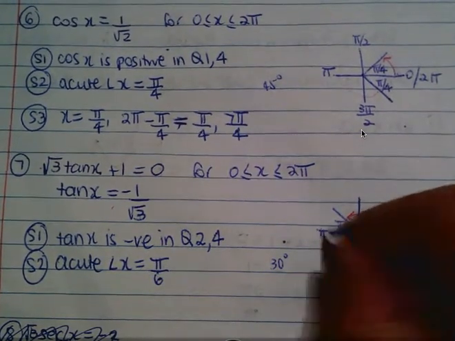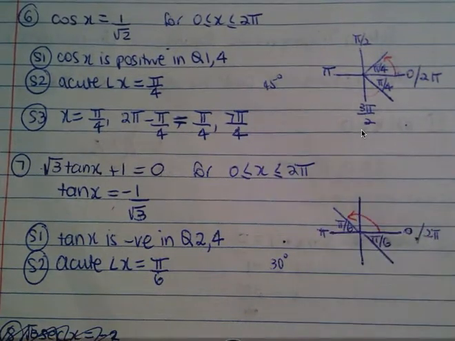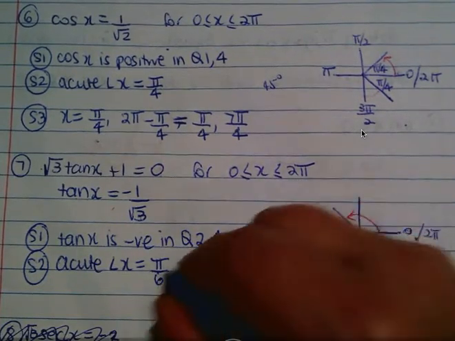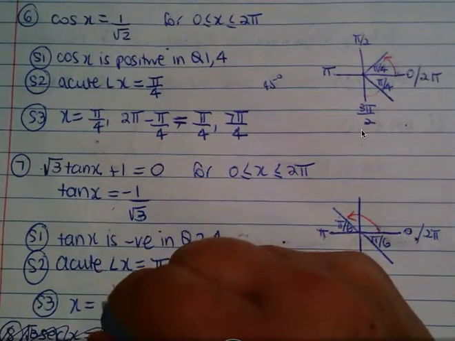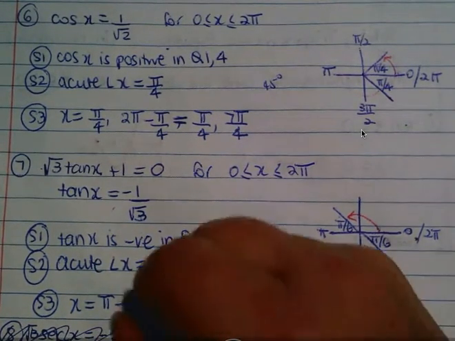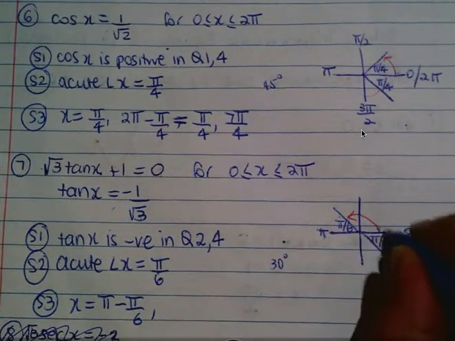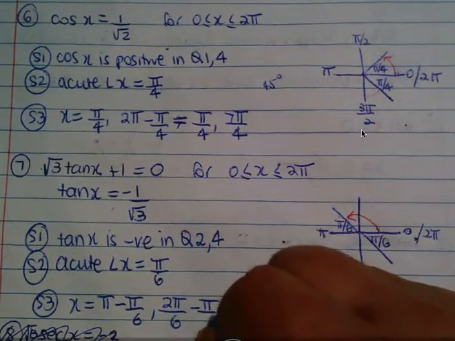I've got 0 and pi, and then down here I've got around 1 full revolution, I've got 2 pi. So it's like 180 minus. So step 3, my solutions are 180 minus, which is pi minus pi on 6, and quadrant 4 is 2 pi minus pi on 6.